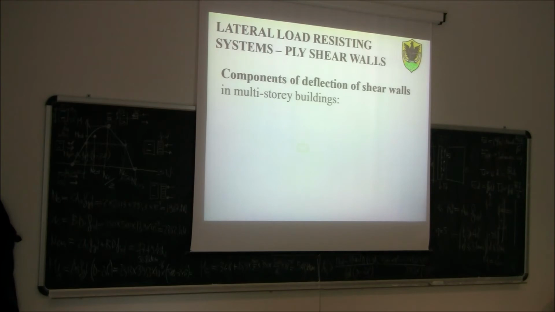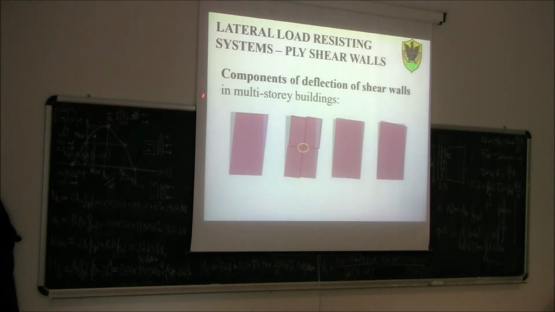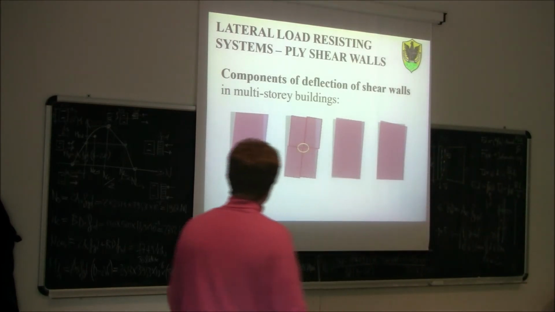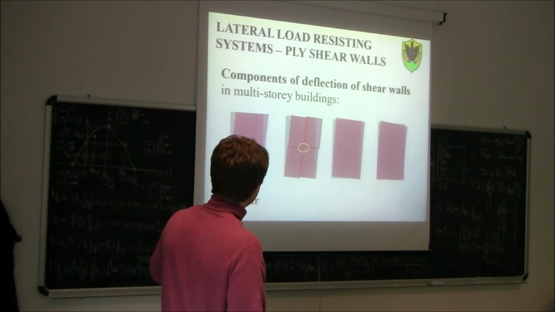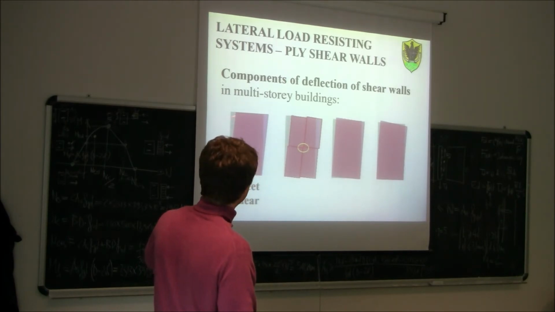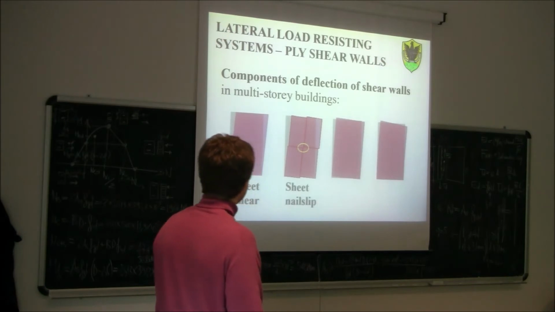If I consider a shear wall and I apply a lateral force on top of it, as you can see, I have different components of deflection. The first component of deflection comes from the distortion of the panel, what we call sheet shear.